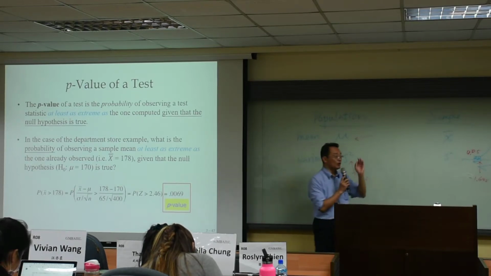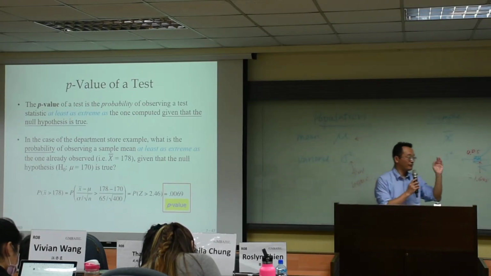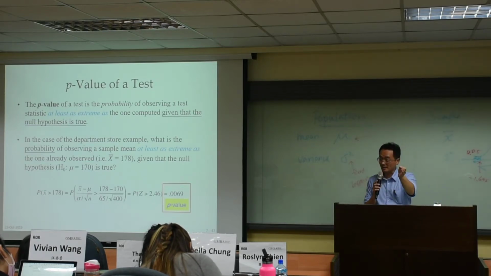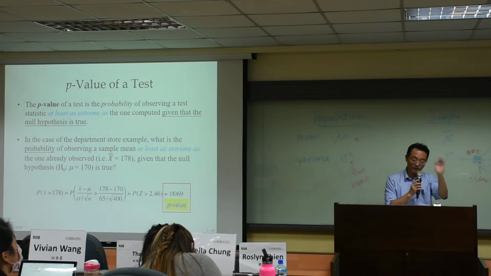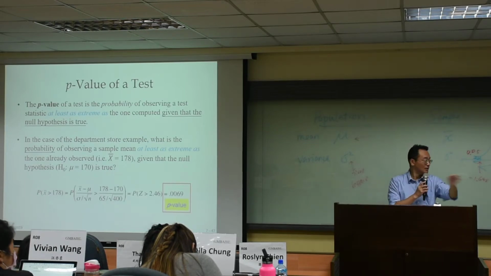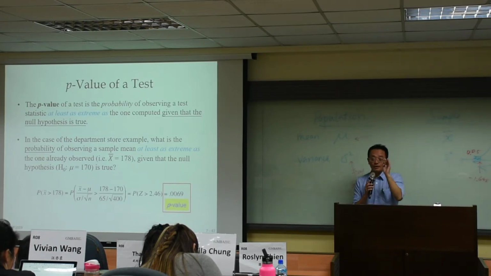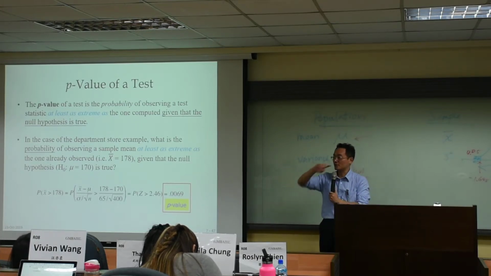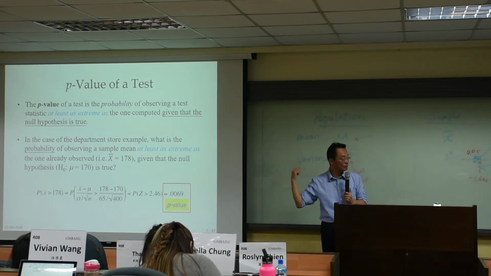Okay, so every p-value must correspond to a null hypothesis and a null hypothesis testing setting. Okay, right. So p-value cannot stand alone. There is no such scenario that I have a p-value but without a null hypothesis.